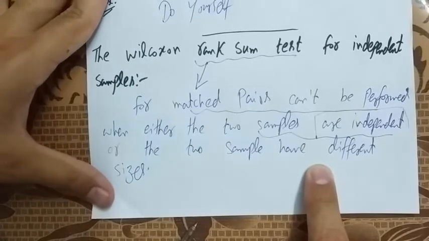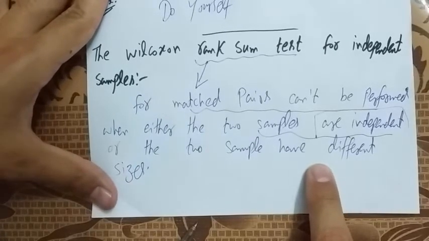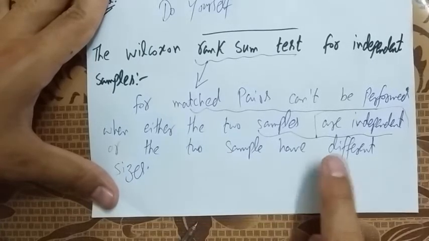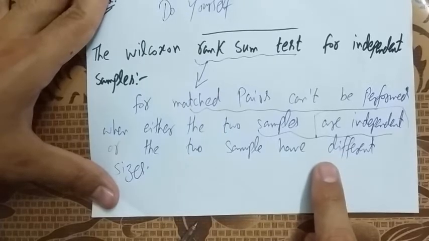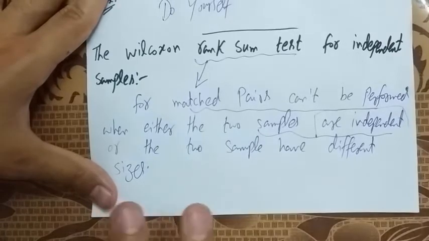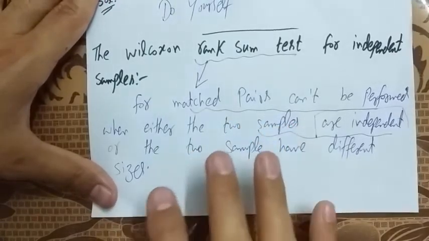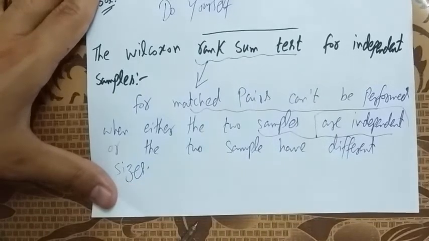If in a problem one sample has n1 equal to 10, maybe the second sample has n2 equal to 5. Okay, this is the major difference between the Wilcoxon rank sum test and the Wilcoxon signed rank test.